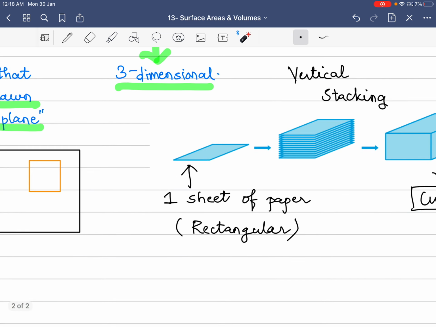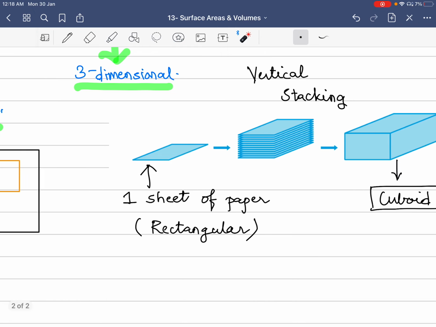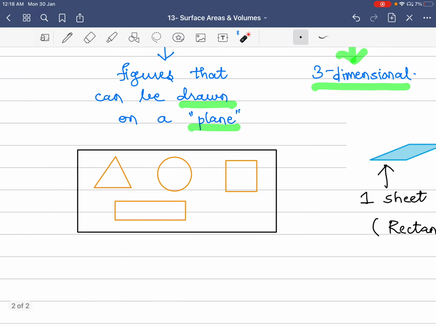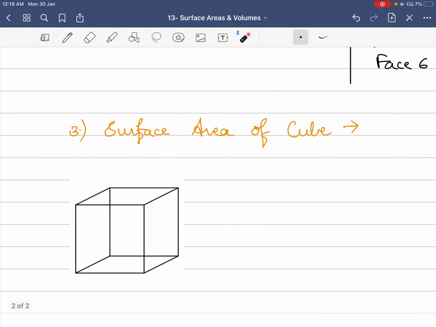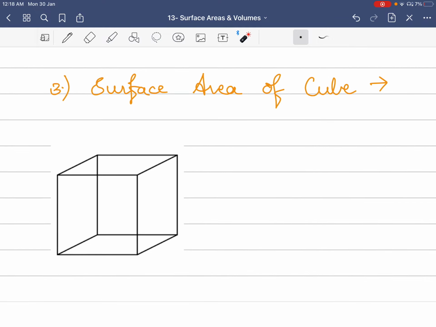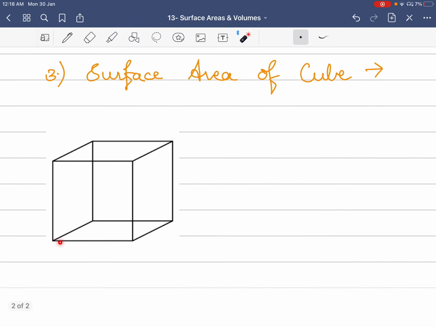In this figure, instead of taking a rectangular sheet of paper, if you take a square sheet of paper and do this vertical stacking, you will get a cube instead of a cuboid. And you know the property of a cube: every side is equal to each other. I'm just going to make a note of that. This side is equal to this side is equal to this side.